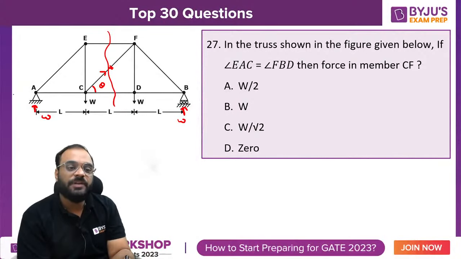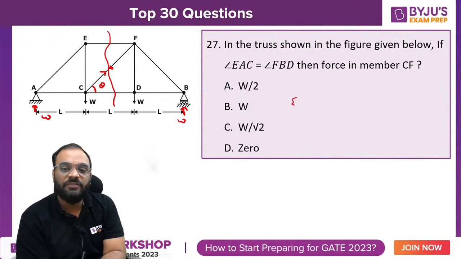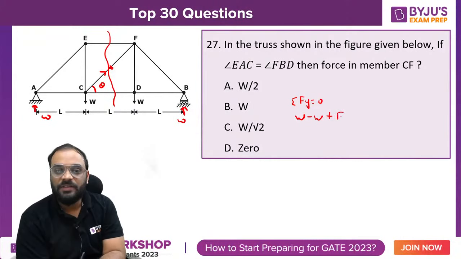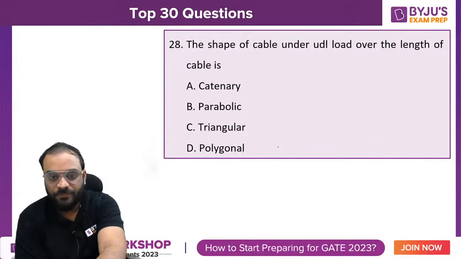So summation Fy equal to 0 gives plus W minus W plus FCF sine theta equal to 0. So FCF is equal to 0. D is the correct answer.